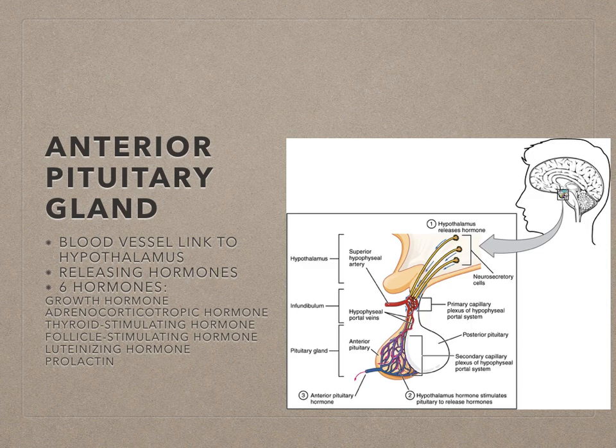And the anterior pituitary gland, under the control of these releasing hormones from the hypothalamus, itself releases 6 hormones: growth hormone, adrenocorticotropic hormone, or ACTH, thyroid stimulating hormone, or TSH, follicle stimulating hormone, luteinizing hormone, and prolactin, among others, but those are the ones we're just going to mention.